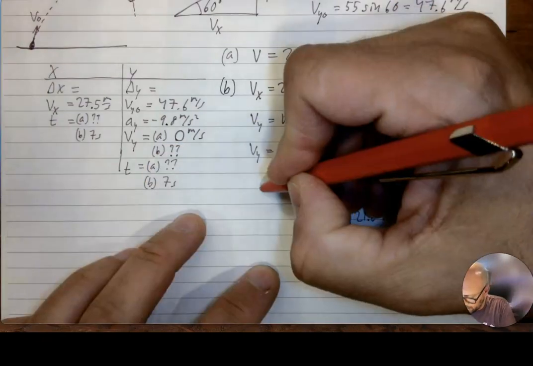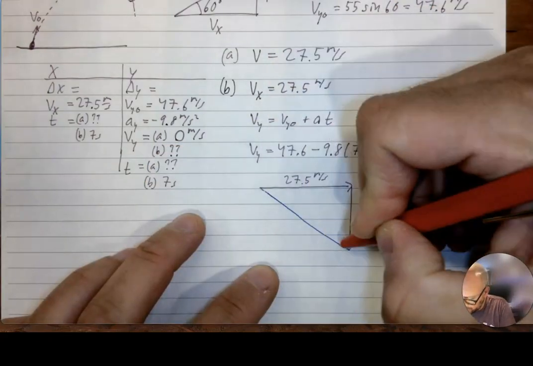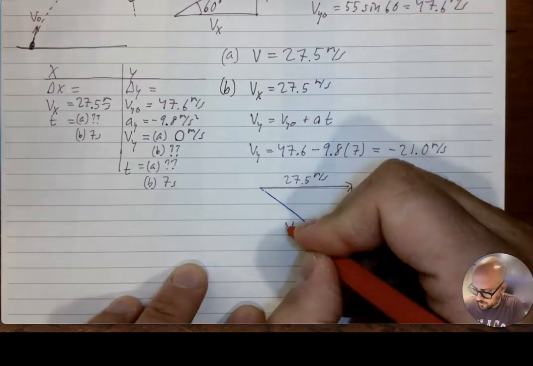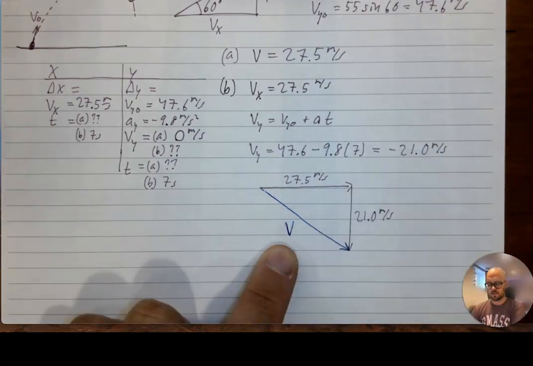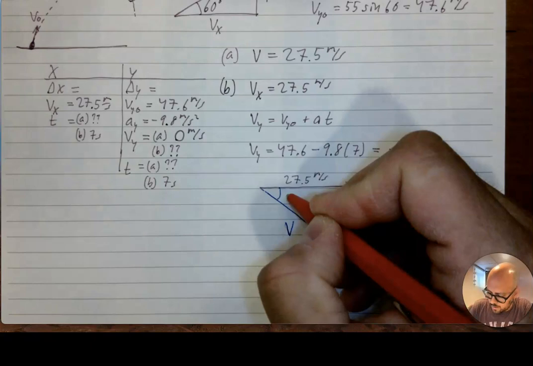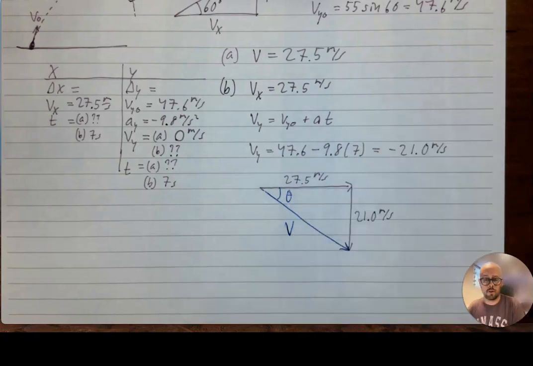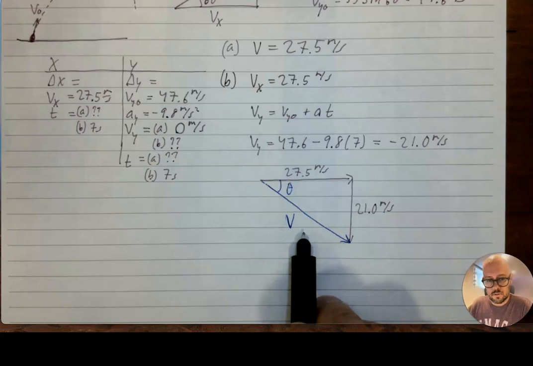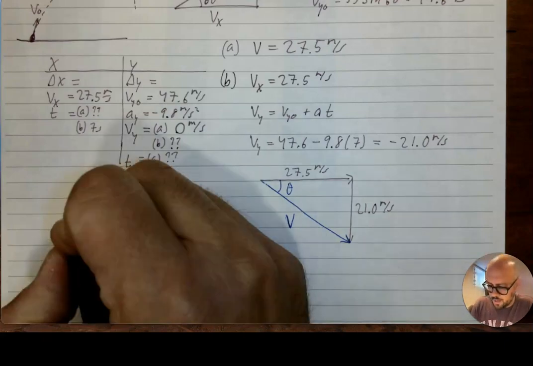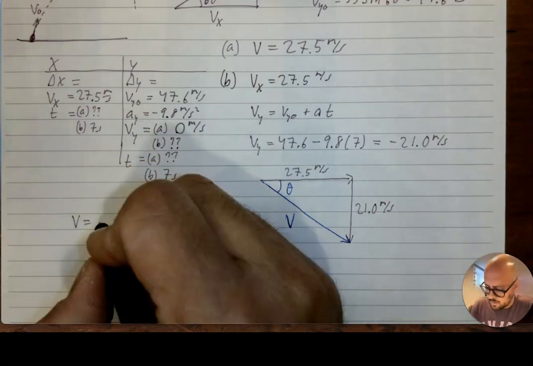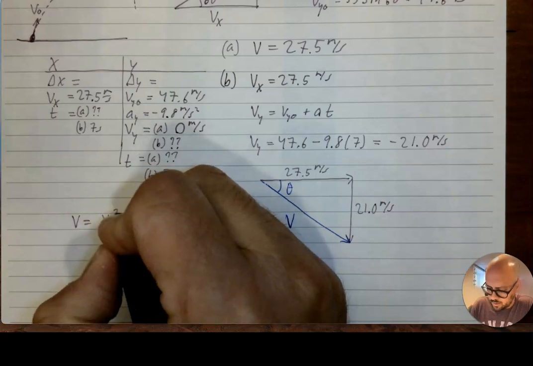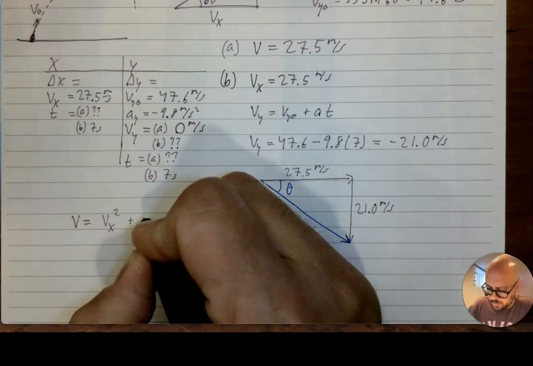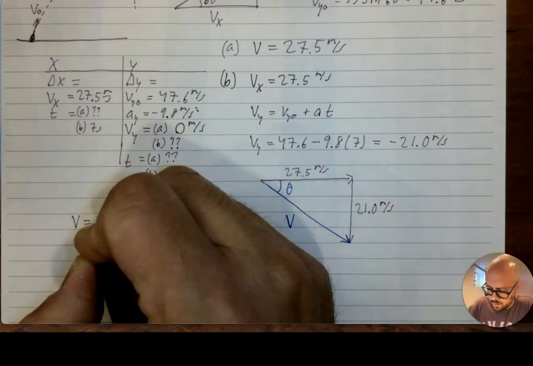So I have to now find this vector. If I find the length of this vector, that is the speed. I could find the angle, and then I would be reporting the velocity, but this is just the speed, so I only need this value v. So this is the hypotenuse, and I'm going to use the Pythagorean theorem. That speed at 7 seconds is equal to the square root of the horizontal speed squared plus the vertical speed squared.